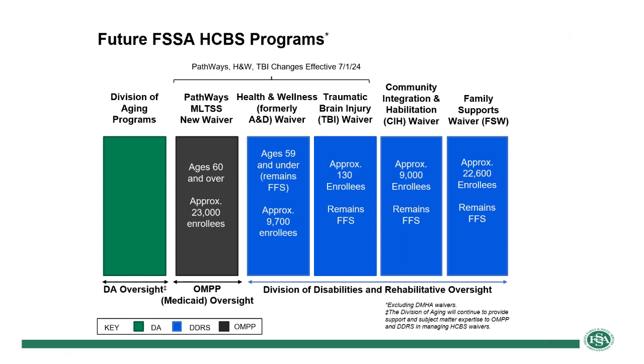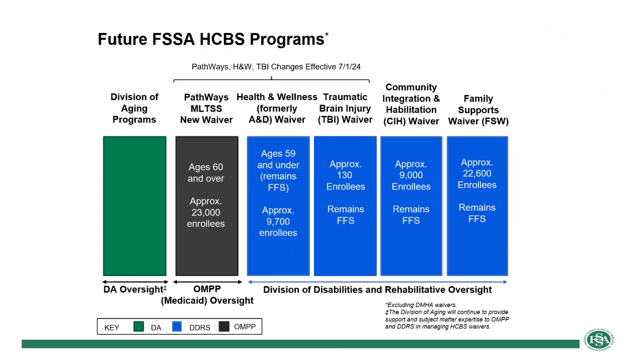But as we are moving towards that transition into Pathways, our managed long-term care services and supports new waiver, that will be overseen by OMPP, and that is for individuals who are age 60 and over.